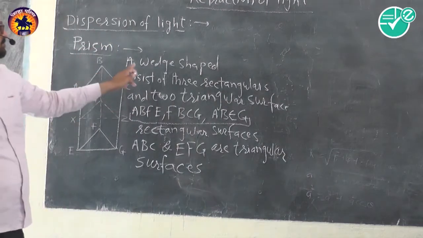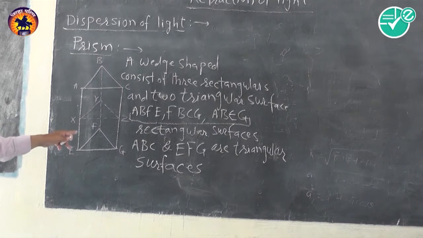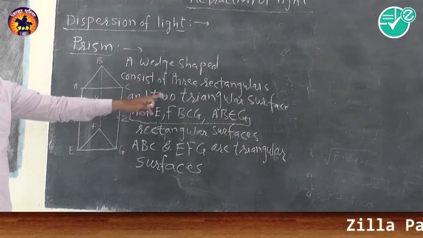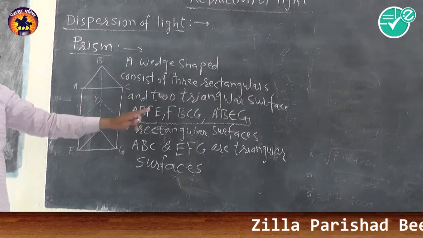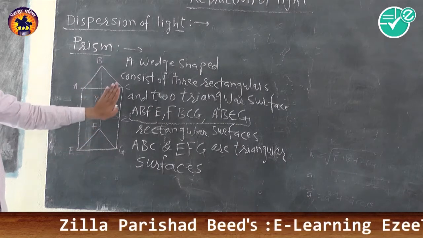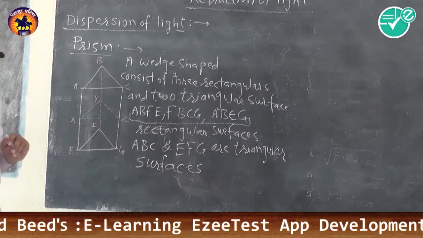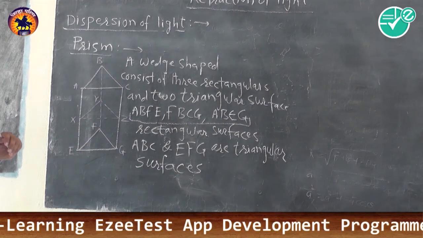So it's a wedge shaped glass. It consists of 3 rectangular surfaces, that is ABEF, this part, BCGF, this part, and the third one is ACGE.